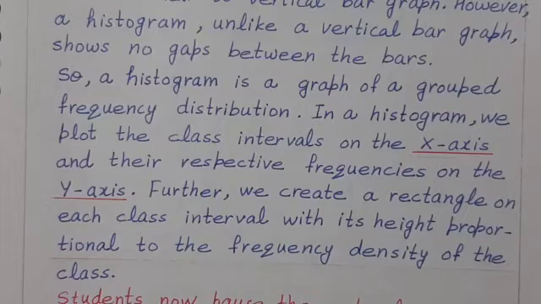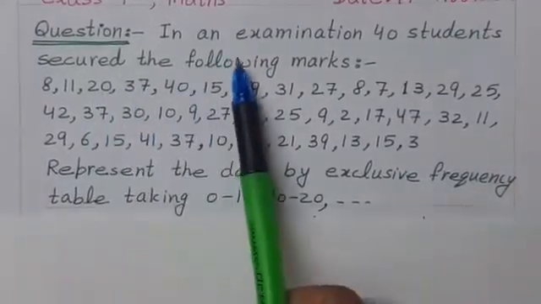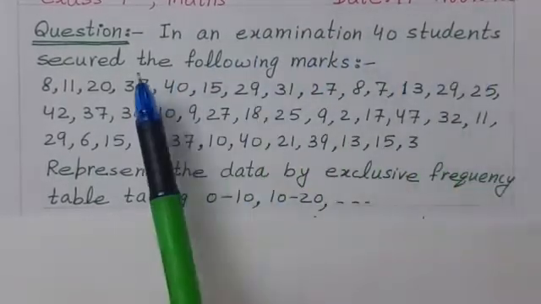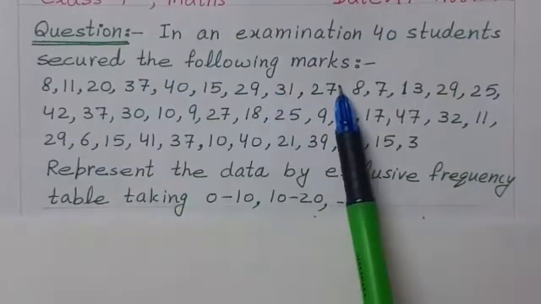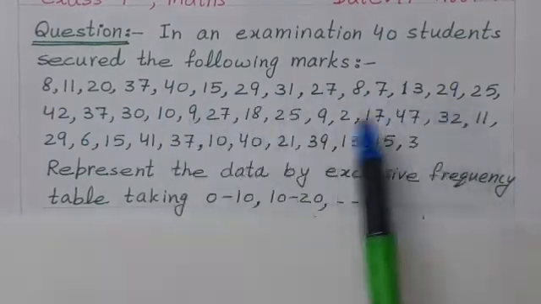Now students, you can pause the lesson for 5 minutes and in the meantime, I want all of you to solve the given question. So the question is, in an examination, 40 students scored the following marks: 8, 11, 20, 37 and so on.